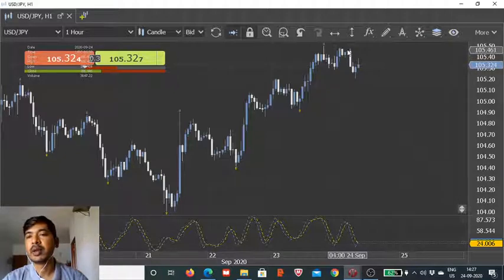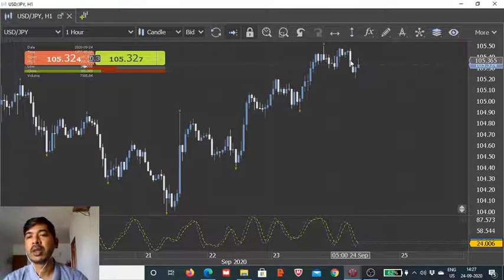In that period, the difference between the highest value and the lowest value over that period is taken into consideration and put in the denominator. In the numerator we have the difference between the closing price and the low price over that given period.